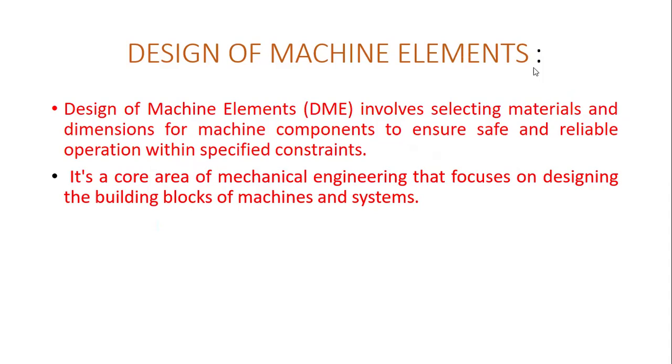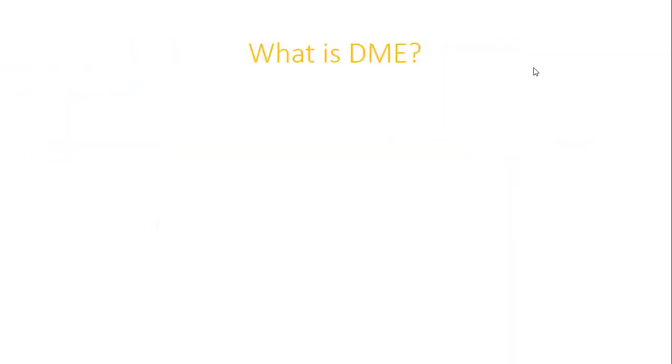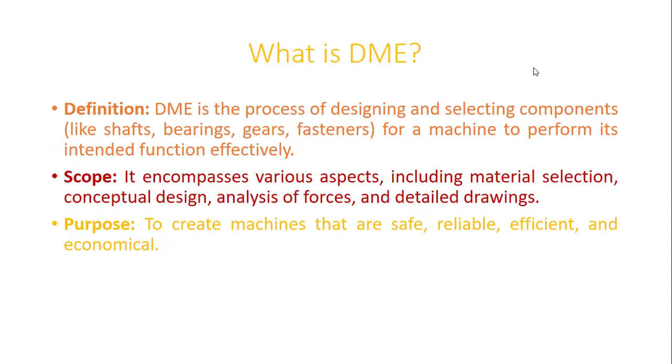So it is a core area of mechanical engineering that focuses primarily on designing the various building blocks of missions and systems. Let us go much briefer in the next consecutive slides. So what is exactly design of mission elements?